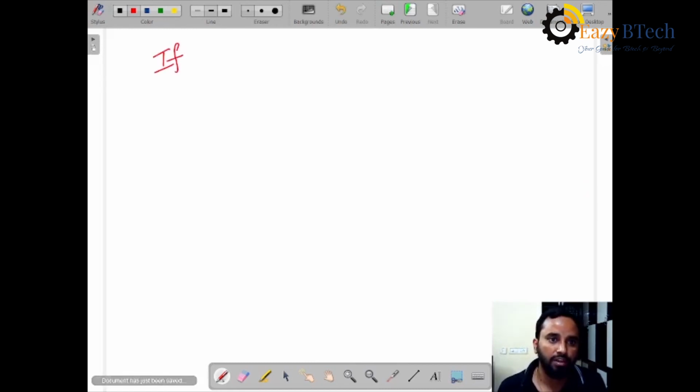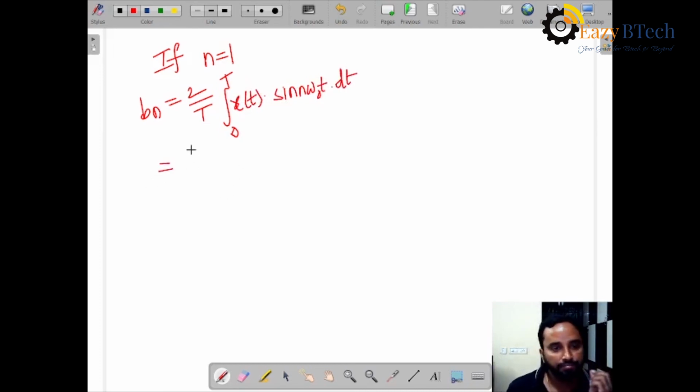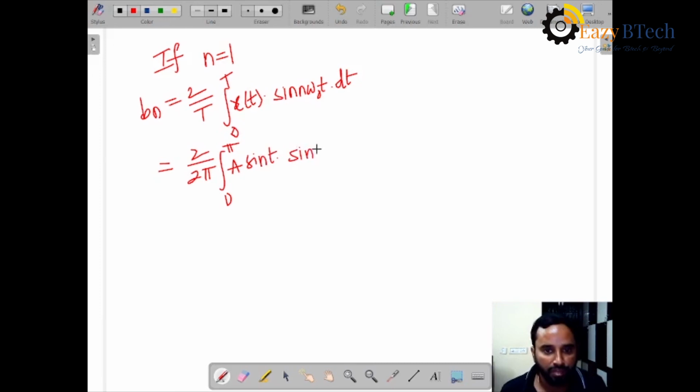If n is equal to 1, what is bn? So actually bn formula 2 by T integral 0 to T x of t sine n omega naught t dt. So take n value 1, so 2 by 2 pi integral 0 to pi a sine t sine, here n value 1, so omega naught also 1, sine t dt.